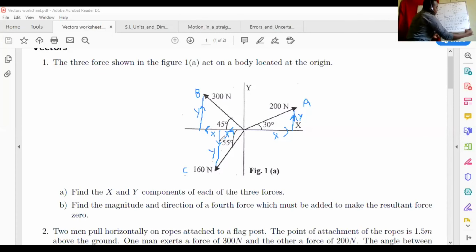So therefore D y would be negative 181 newtons. So if we have a positive x and a negative y, which quadrant would this vector be in?